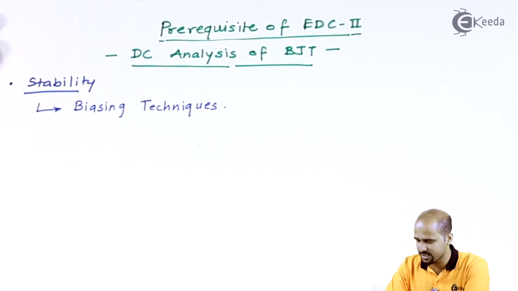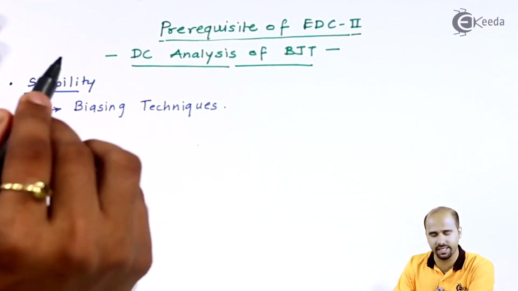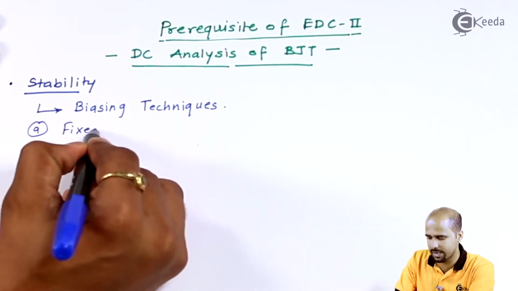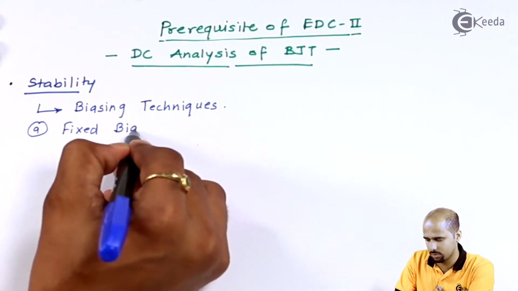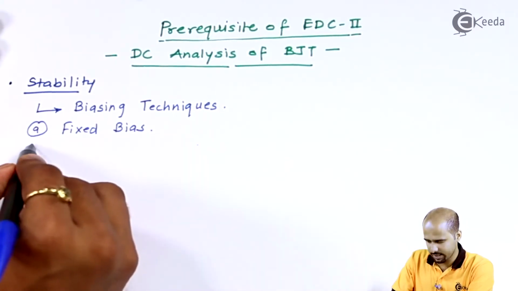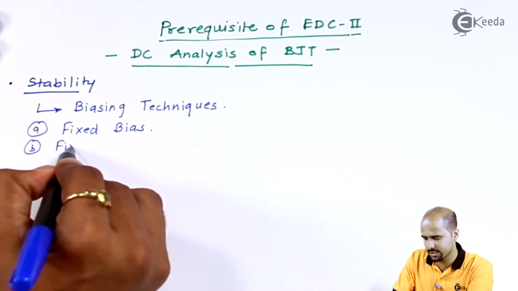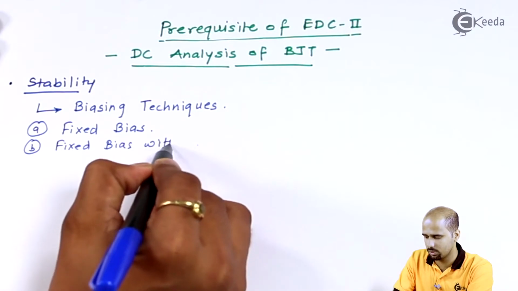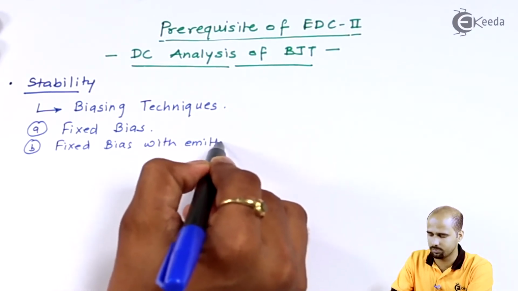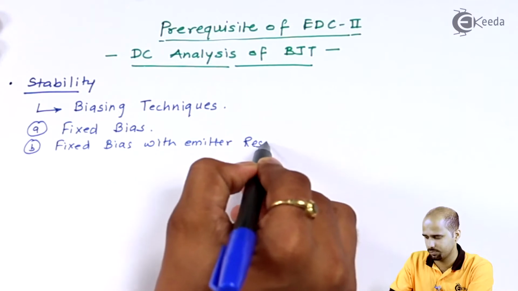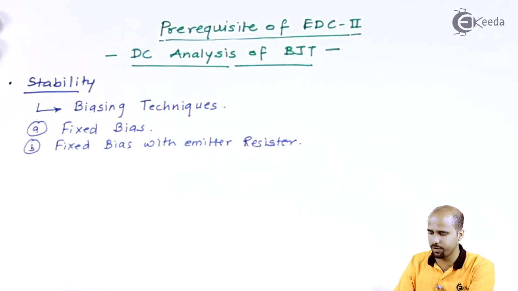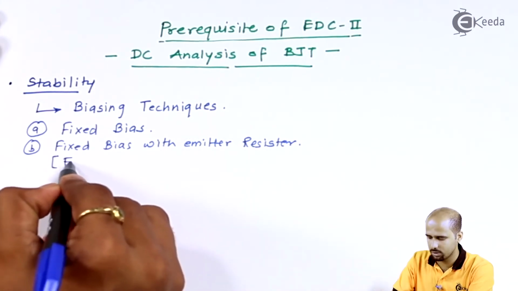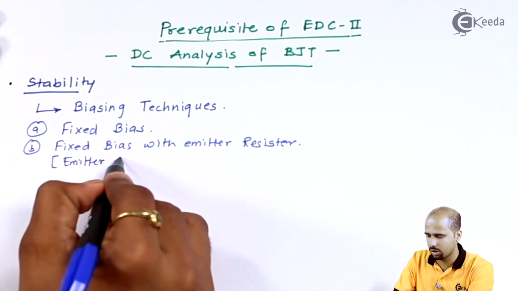These biasing techniques are of many types. The first biasing technique is called fixed bias. The second is fixed bias with emitter resistor, which is also called emitter bias.